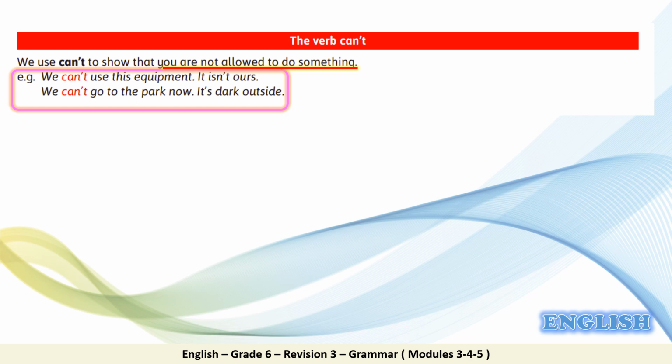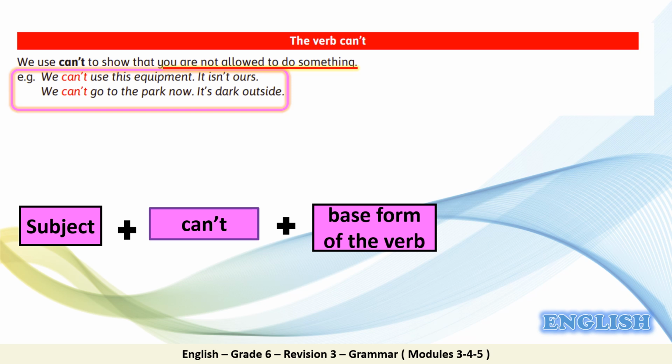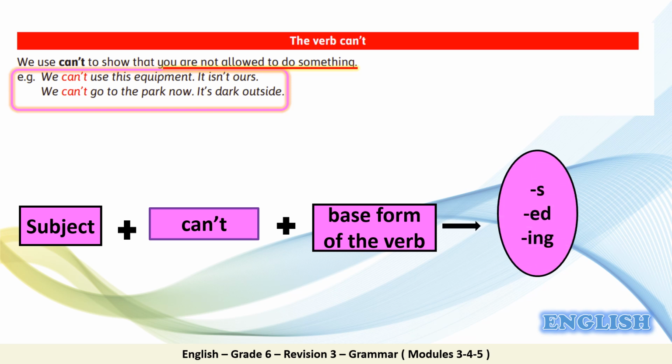And number two, we can't go to the park now, it's dark outside. So here it is impossible to go. It doesn't mean that we are not able to do it. So the rule here is subject plus can't, of course, plus base form of the verb, and as usual there isn't any suffix.